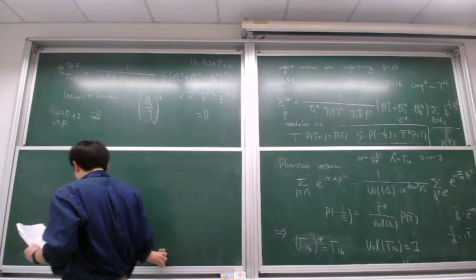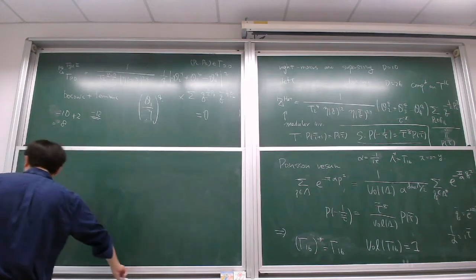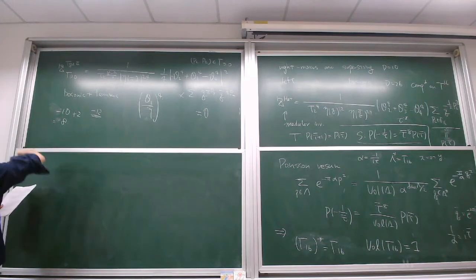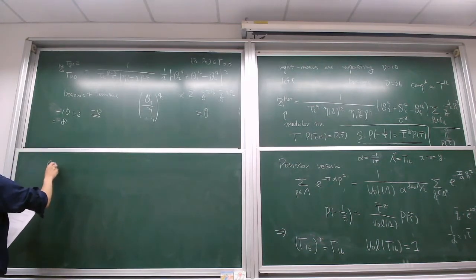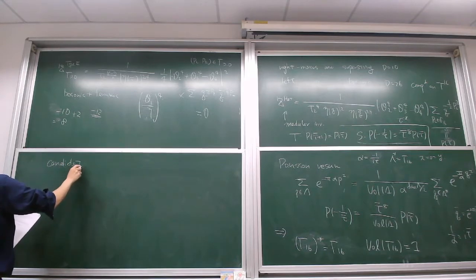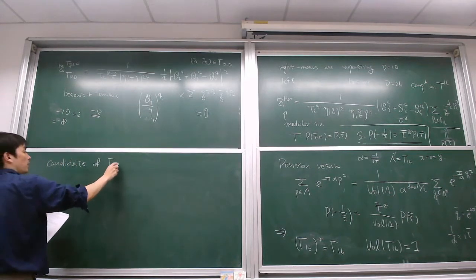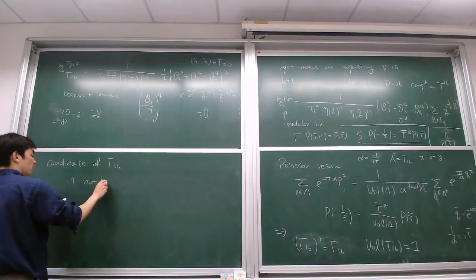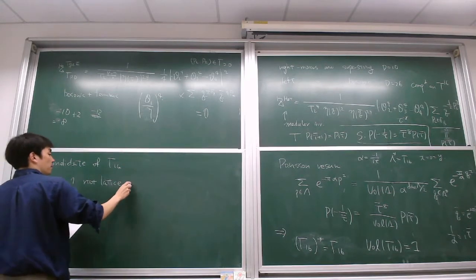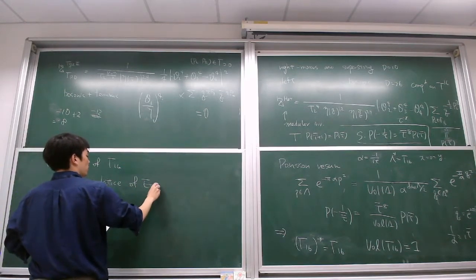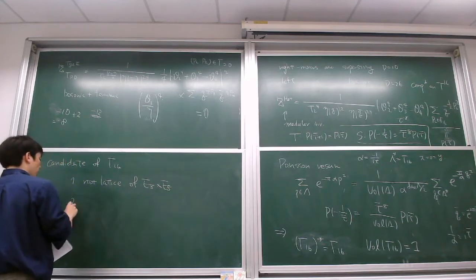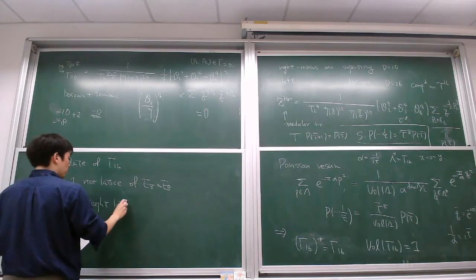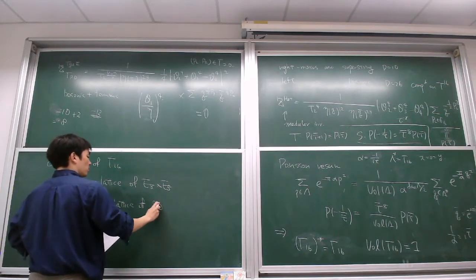And then mathematicians will tell you that there are only 2 lattices. So the candidates for gamma 16 are the root lattice of E8 cross E8, and the weight lattice of SO32.